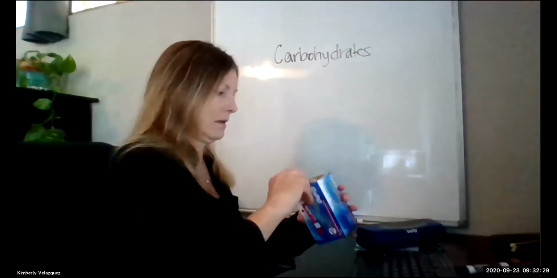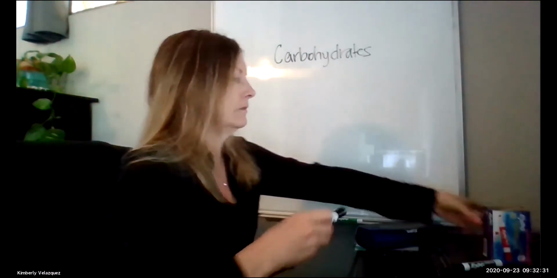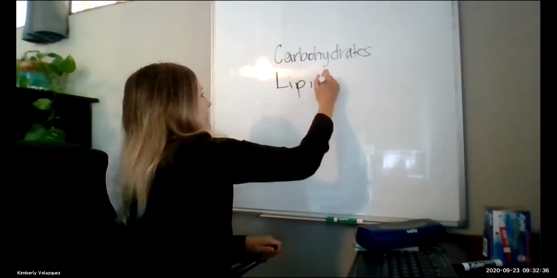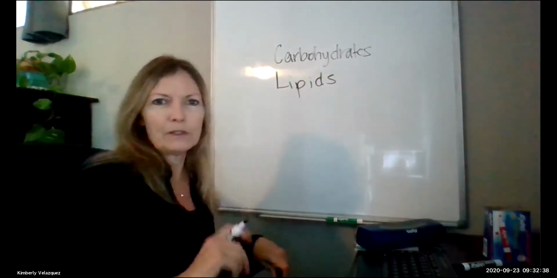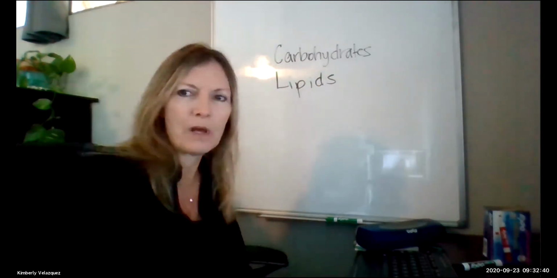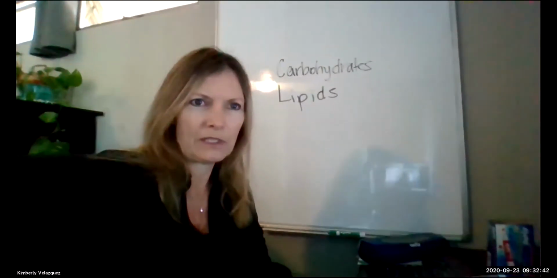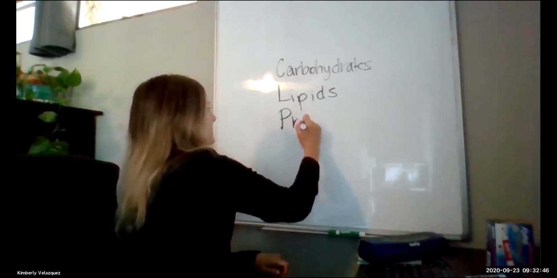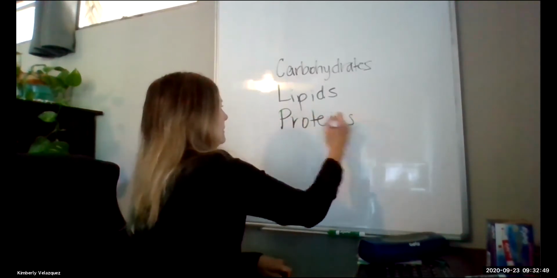Okay, that's better. Lipids, which of course includes the fats, but it includes some other molecules that we don't necessarily consider fats in our diet. It includes proteins and nucleic acids.